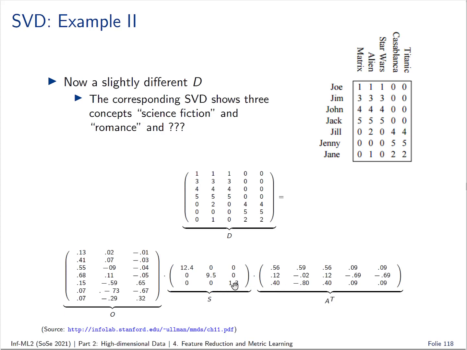So setting this to 0 would mean that we omit this feature here, and the corresponding relationship of course also. So by setting this to 0, we would omit the third concept, this artificial concept, which has a very low strength. That is the basic idea.